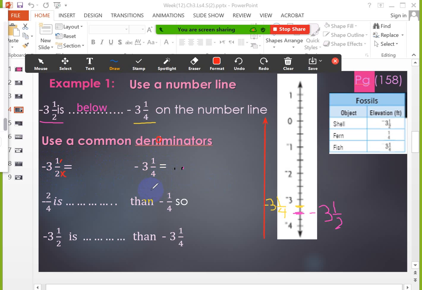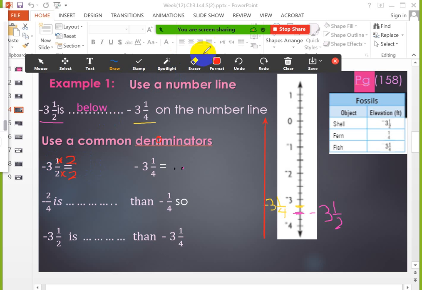What's this number? Okay, help me, Rina, and write the answer on the chat. It's 2. Very good. So I can multiply this fraction with 2 to make it an equivalent fraction. So of course I have to multiply also the numerator with the same number.